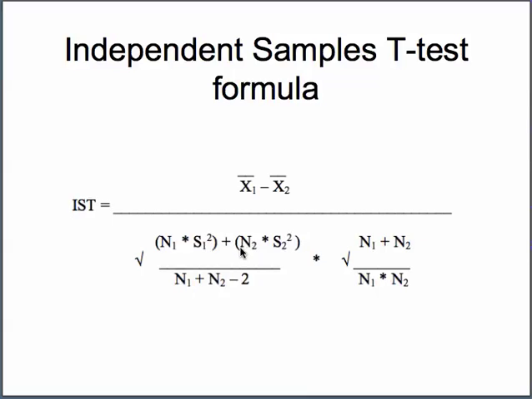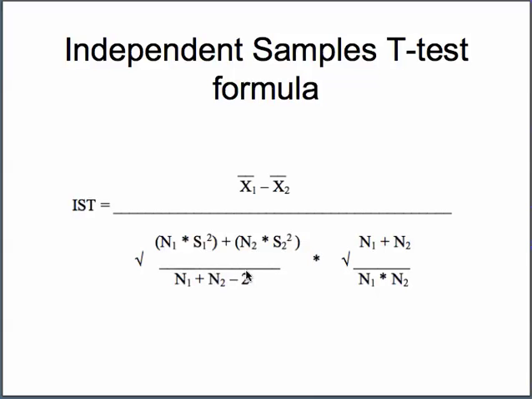And the second operation is to take the number of cases in the second independent sample and multiply that number by the standard deviation of the second independent sample squared. Add the results of the first operation to the results of the second operation.